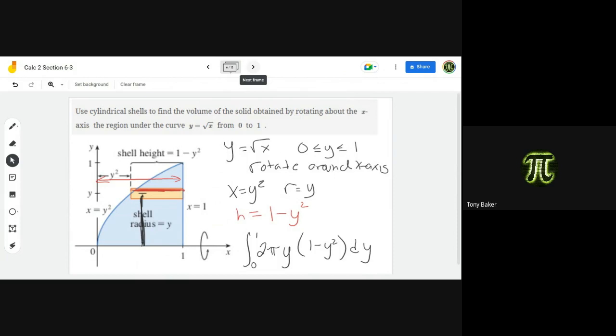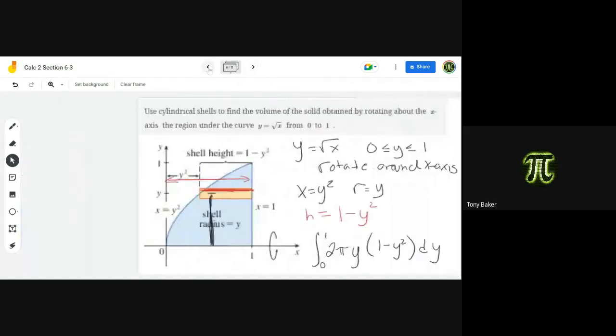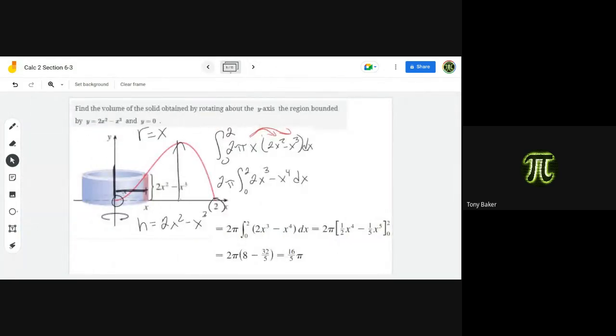Our previous example was rotated about the y-axis. But we put it in terms of x. So if it's rotating around the y-axis, it's going to be y equals for the cylinder method.